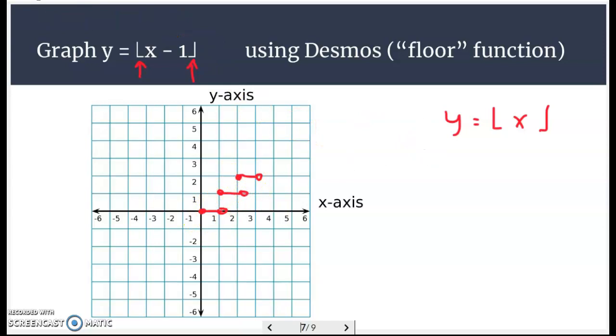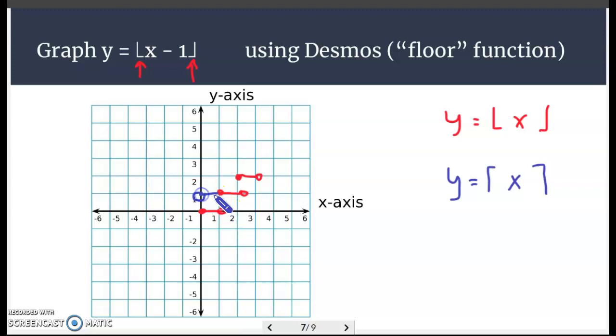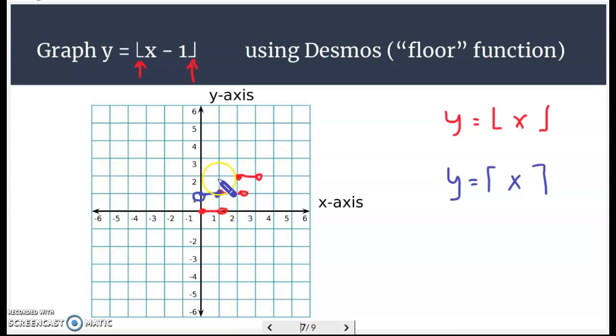Now let's contrast that to the ceiling step function. The little symbols look like that, and that rounds up. So between 0 and 1, I would round up to 1 with an open circle here and a closed circle here. Between 1 and 2, that would round up to 2, open circle, closed circle.